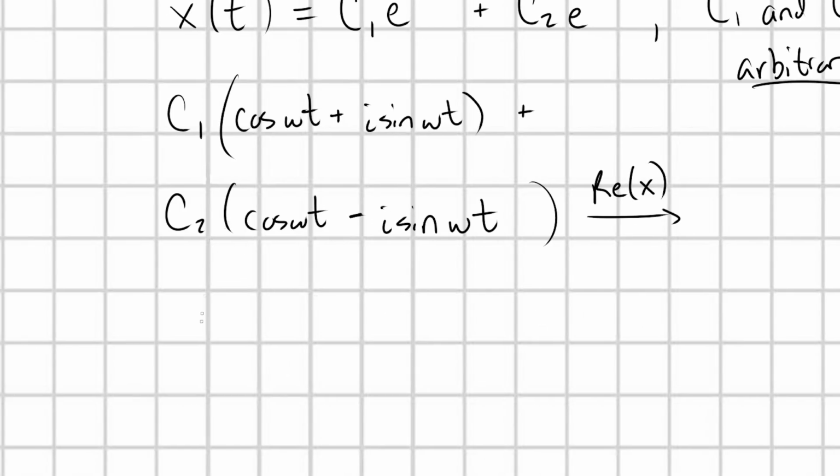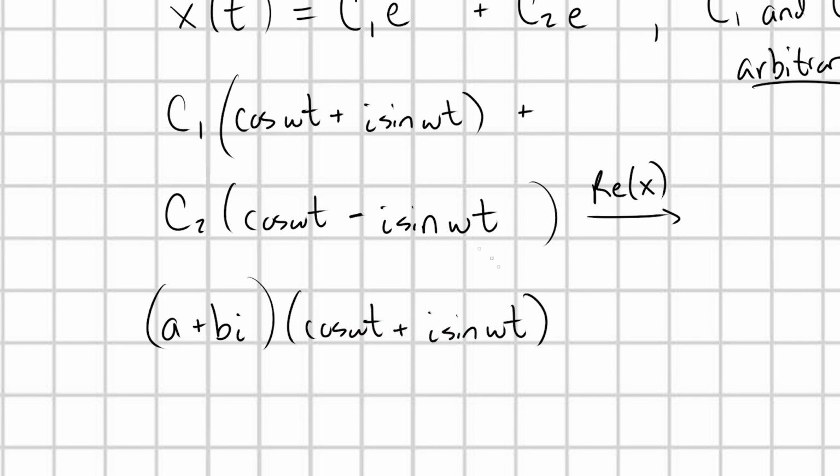So we have to be really careful. In other words, I can write C1 as (A + Bi) times (cos ωt + i sin ωt), and next I can write C2 as (C + Di) times (cos ωt − i sin ωt).